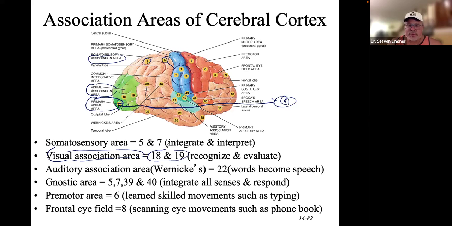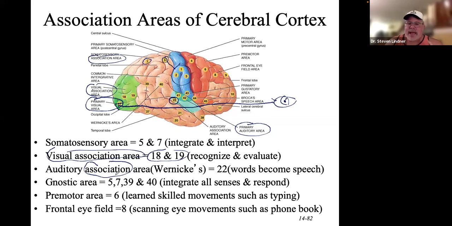That was my instructor. So when you see these association areas, like the auditory association area, which is number 22, it's not your primary hearing center. The primary hearing center relays, right? Your primary auditory is this one, 42.